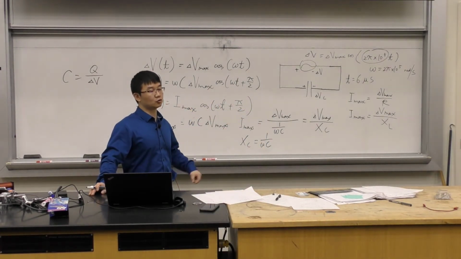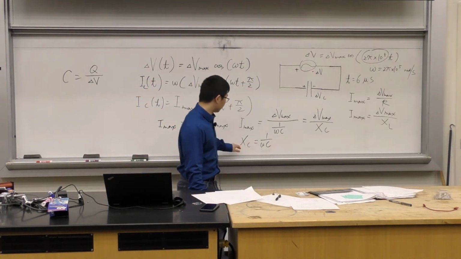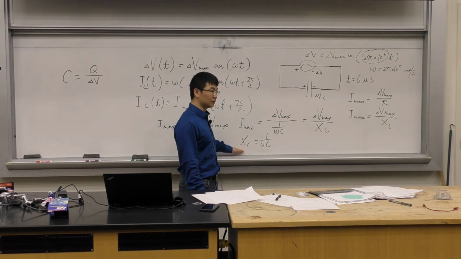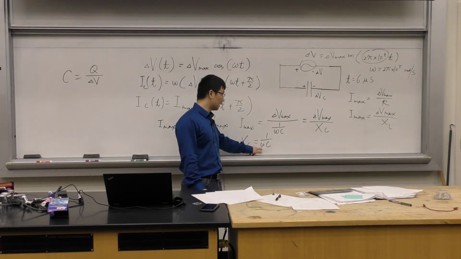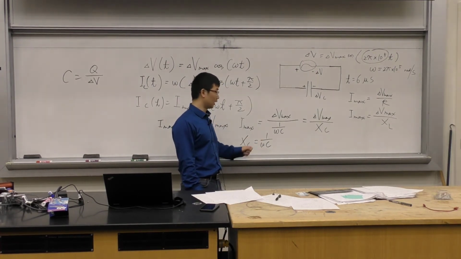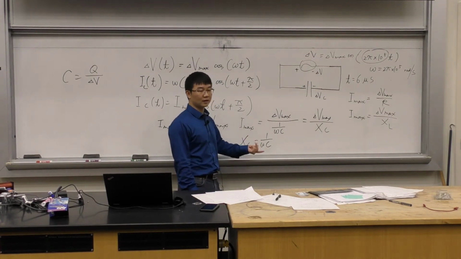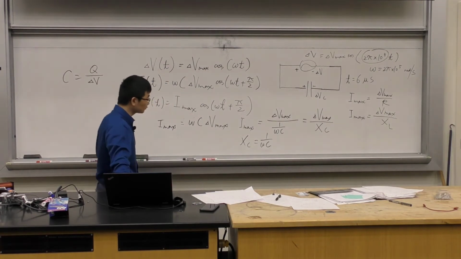So you can still treat the capacitor like a resistor. The only difference is that the equivalent resistance, which we call reactance, depends on the source. It doesn't have a fixed resistance. It depends on the omega, and we're going to see this is very useful in real life. We're going to see that later.